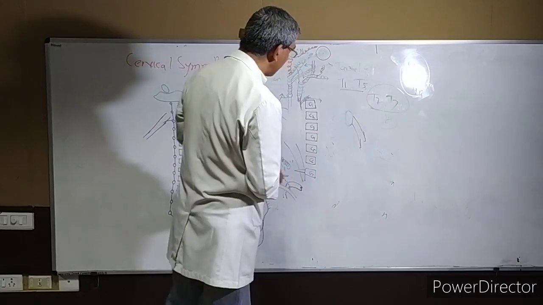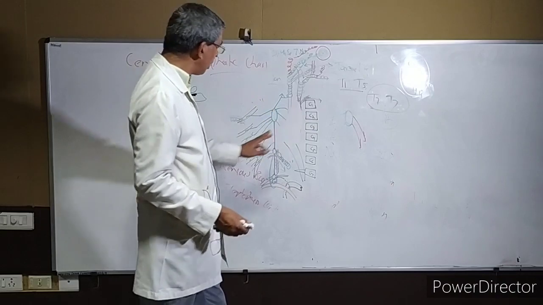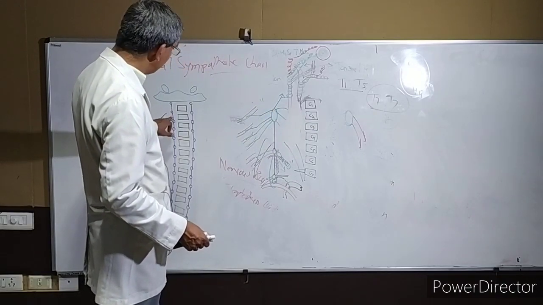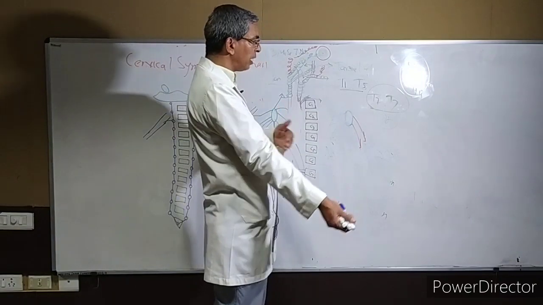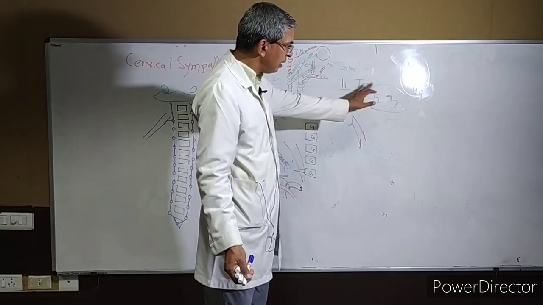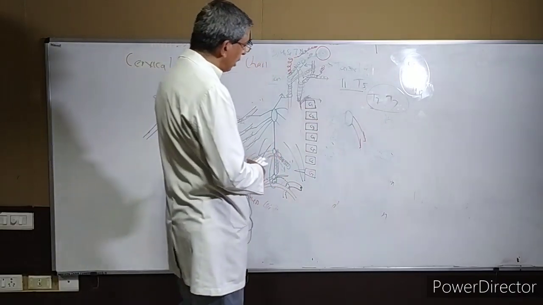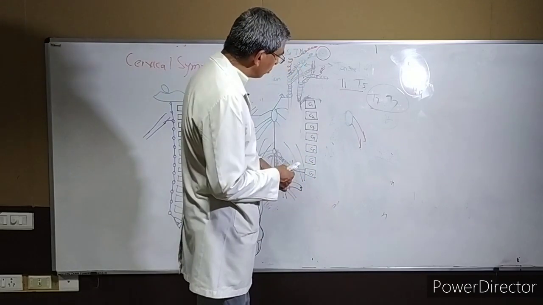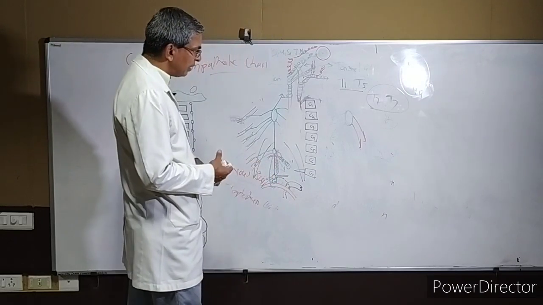Referred pain occurs because these branches come from T1, T2 to T7, ascend upward through the cervical sympathetic chain, and from the cervical sympathetic chain nerve fibers pass to the upper limb, the vasculature of the upper limb or the skin supply, so referred pain occurs here. So these are the sympathetic branches and the sensory branches here.